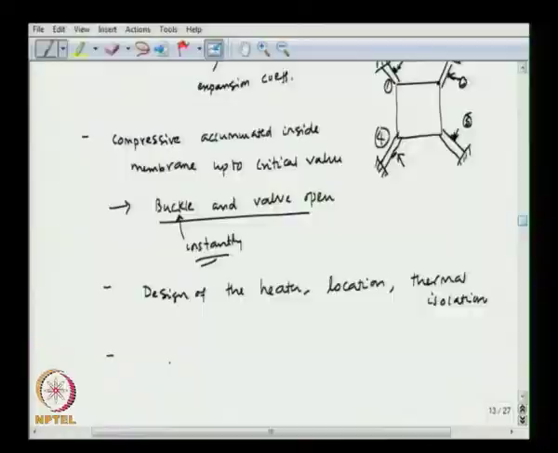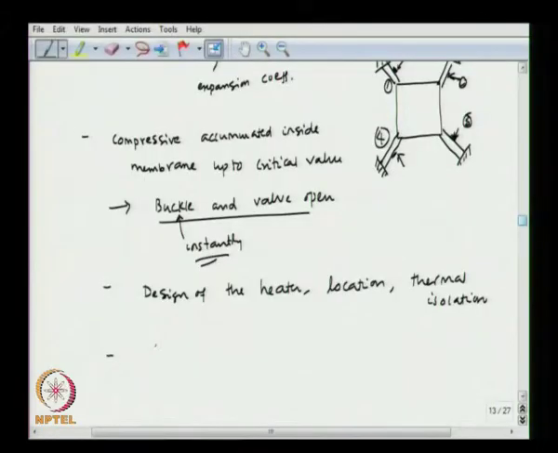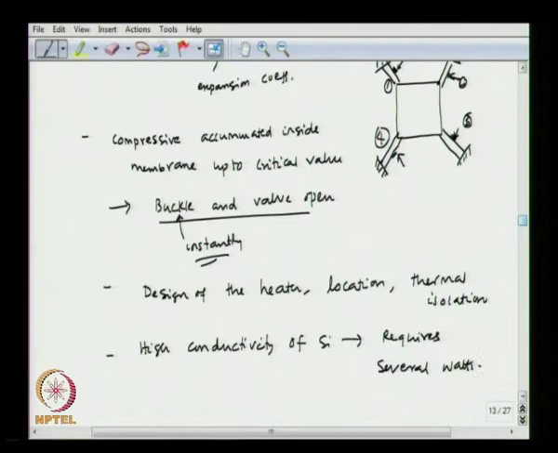And because the thermal conductivity of silicon is quite high, about 150 watt per meter Kelvin, the amount of energy that is required is also very high. So, the high conductivity of silicon requires several watts.